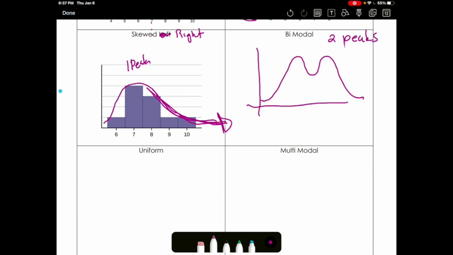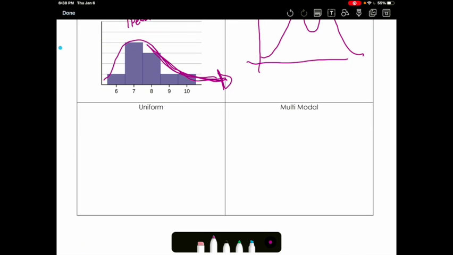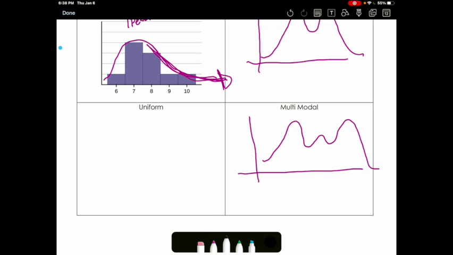But the OpenStax book does not cover the bimodal, uniform, or multimodal, so I wanted to make sure that I cover these as well. Multimodal just means that it's more than one peak, so bimodal falls under that umbrella, but usually if it's more than two peaks, we call it multimodal, so something that has three peaks, something like that.